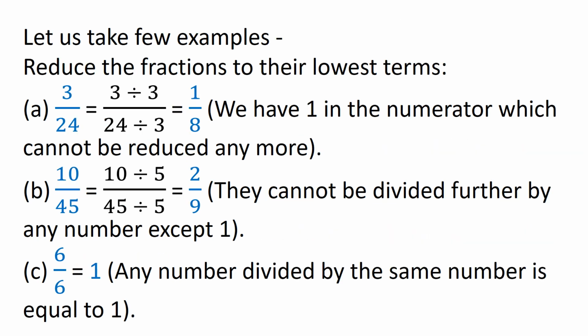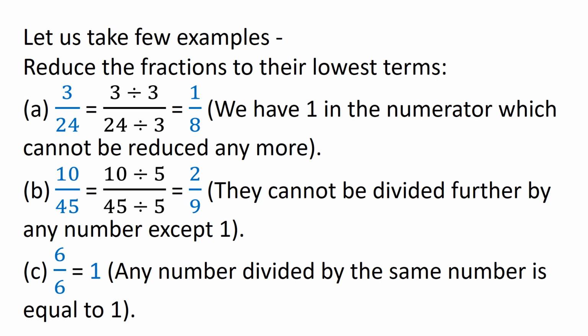Reduce the fractions to their lowest terms. 3 upon 24. When we divide both the numerator and the denominator by 3, we get 1 upon 8. We have 1 in the numerator which cannot be reduced anymore.